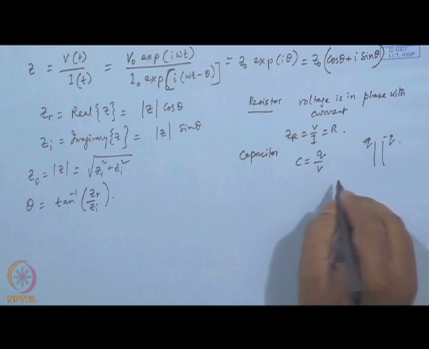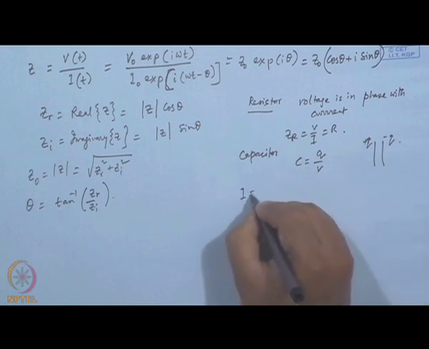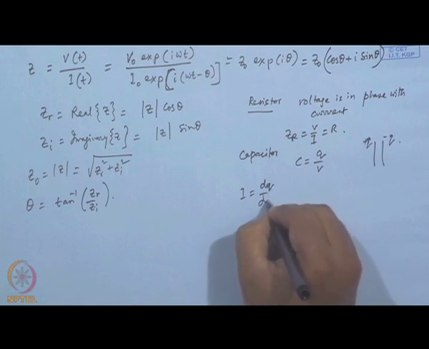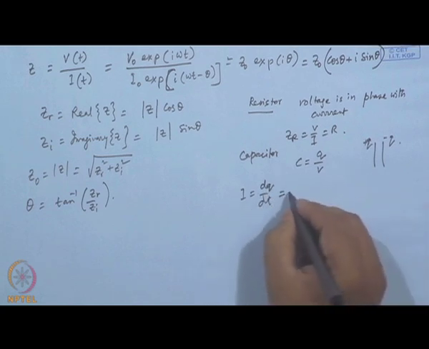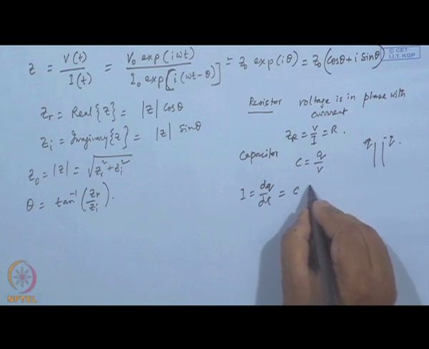Then the current here is basically dq dt, that is how it is defined.